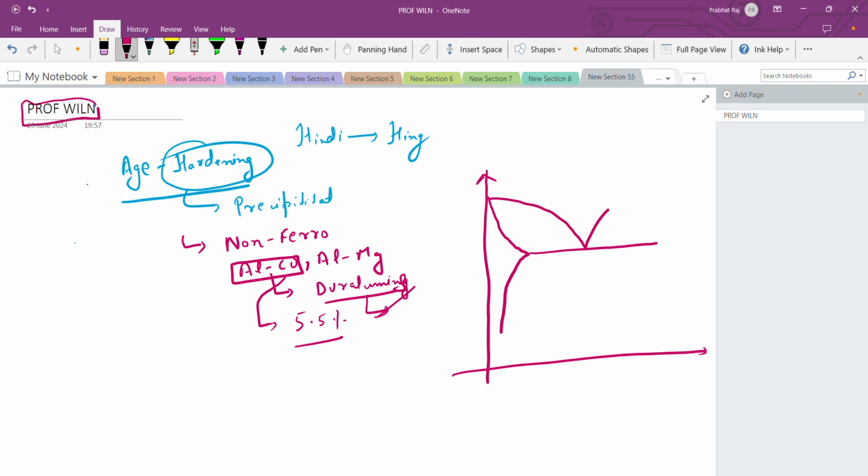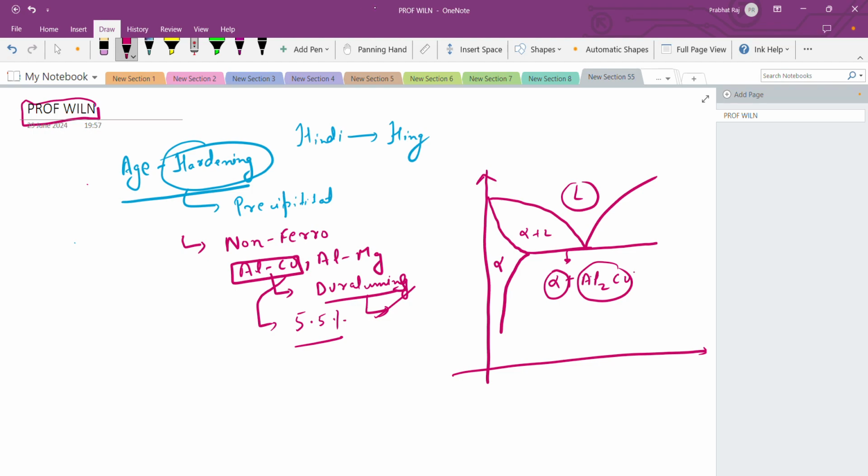So this phase is the liquid phase, this phase is the alpha phase, this phase is alpha plus liquid, and this phase is alpha plus Al2Cu. Basically, 2 moles of aluminum combine with copper, and along with this intermetallic compound, the alpha phase is also present beyond this line. This phase mixture is stable.